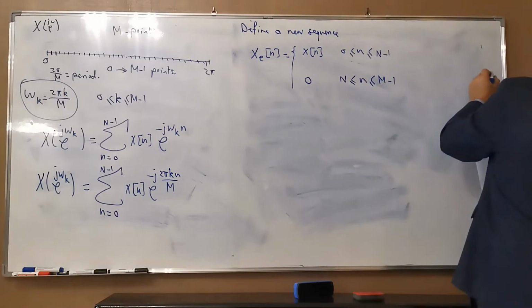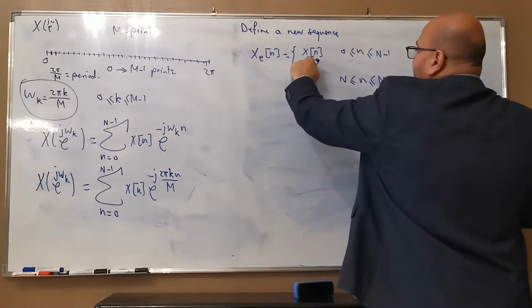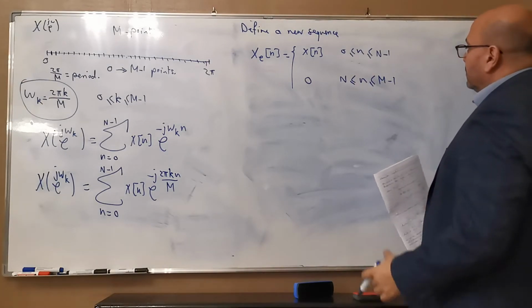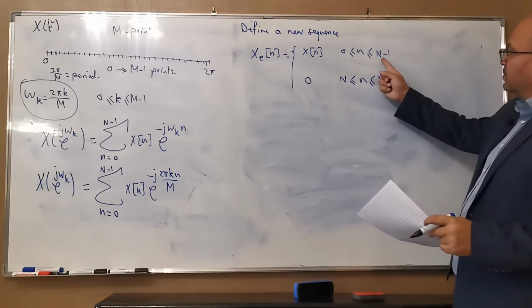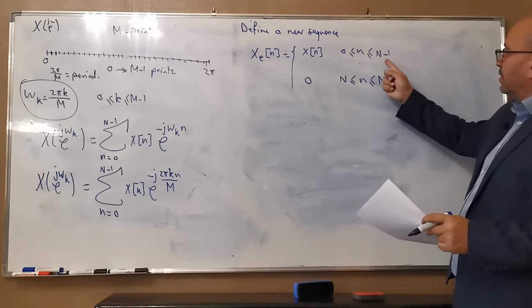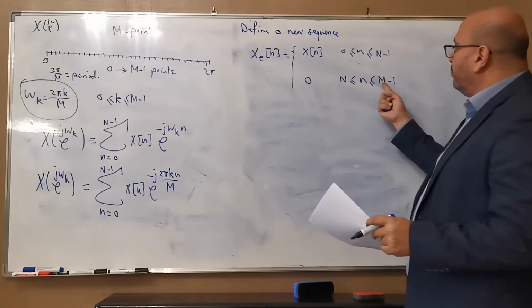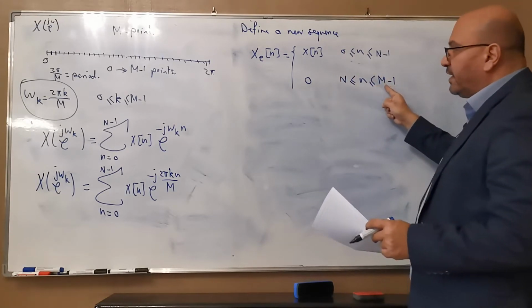So if you have a sequence, you extend the sequence by zeros. You augment a number of zeros until the new sequence has a length of m, from 0 up to m minus 1.